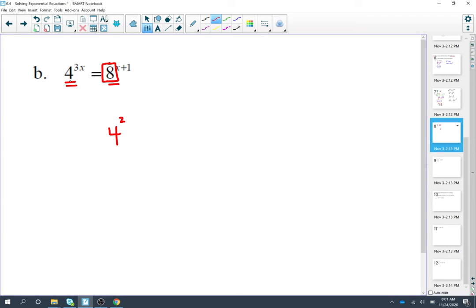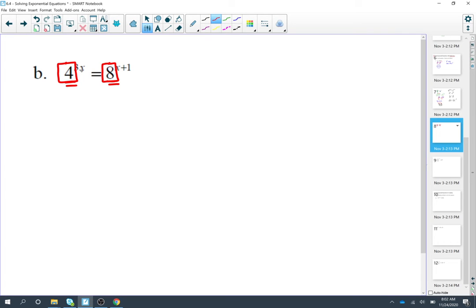And I want 4. Well, that's not going to work. So at this point, I'm trying to get the 8 to match the 4, and it won't. So we have to change both of them.